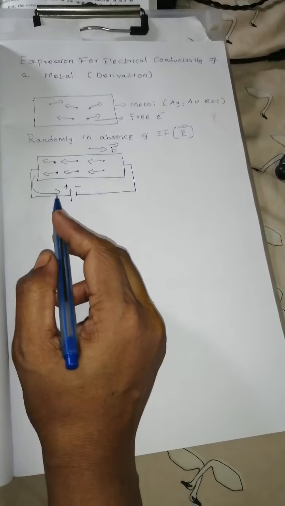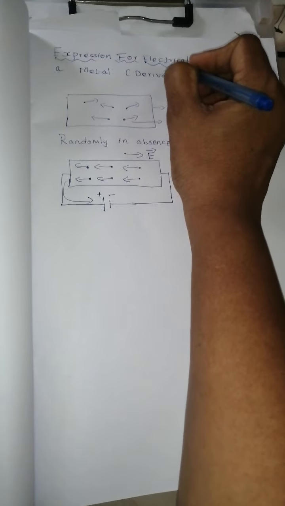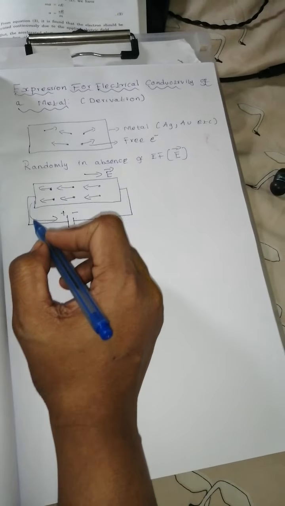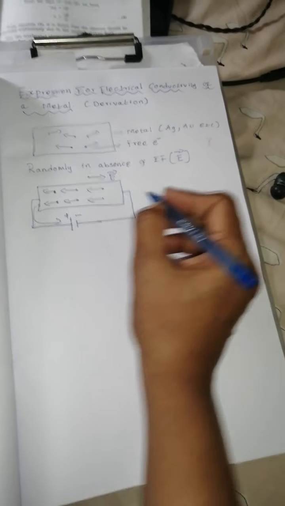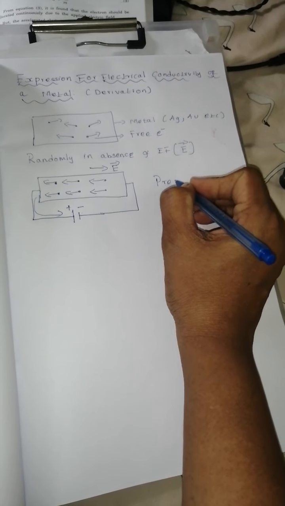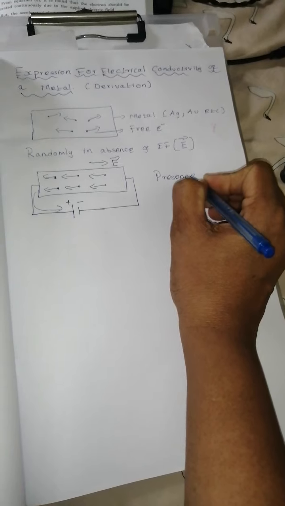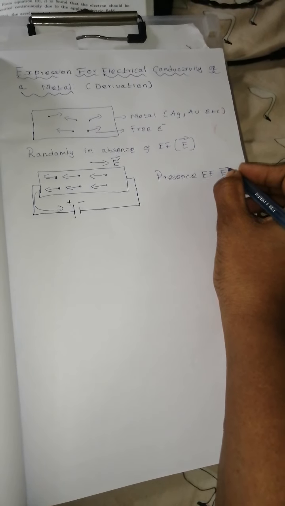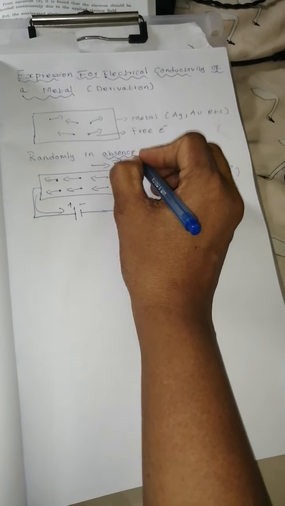So for the expression for the electrical conductivity of a metal, you have to consider a metal and apply an electric field. This is in the absence of electric field.